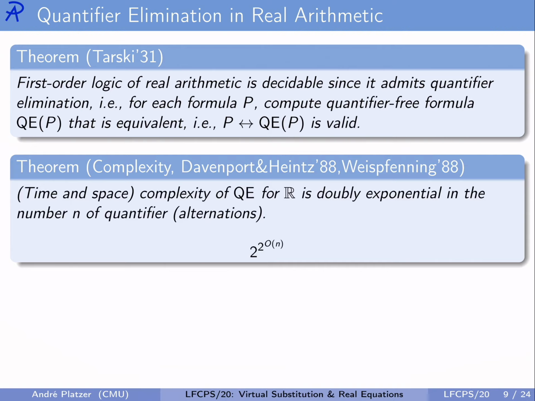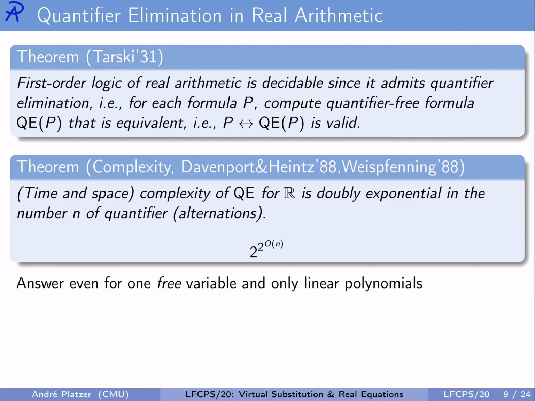But a much more practical procedure and results by Davenport-Heintz, and in particular also Weispfenning from '88, show that the time as well as the space complexity of quantifier elimination for real arithmetic is much better than that, but still kind of bad, namely doubly exponential in the number of quantifier alternations. In practice, often doubly exponential in the number of quantifiers, unfortunately.